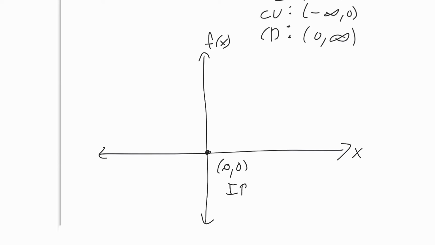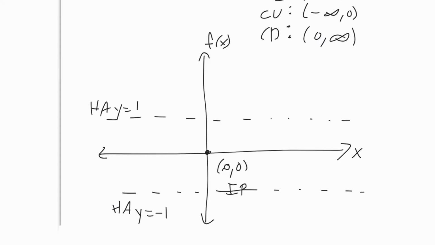It's also both of the intercepts. And, well, that's the only point we have. We do have some asymptotes. We've got an asymptote at 1 and at minus 1. But that's all we're looking at in terms of information.